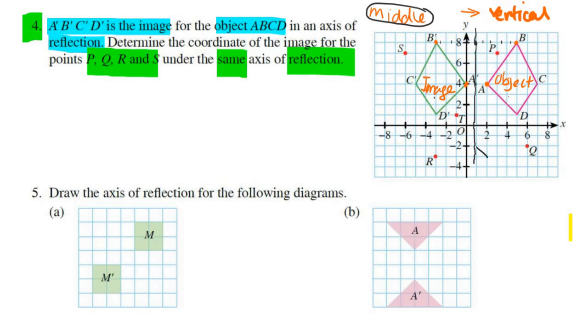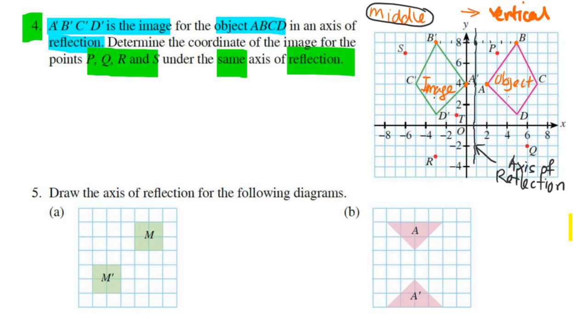So this is the axis of reflection. Now that we have the axis of reflection, we can use it to find the image of P, Q, R, and S.